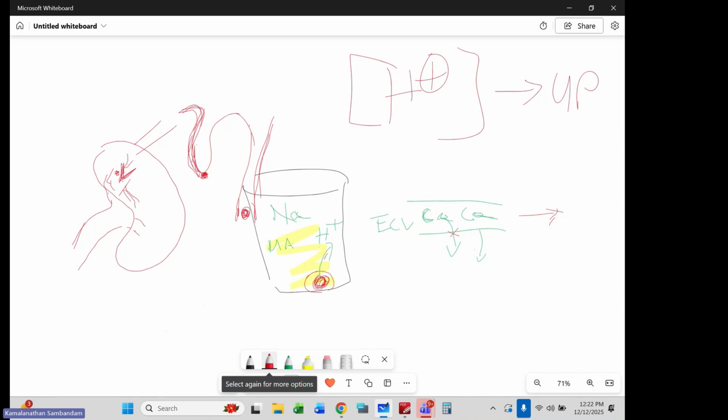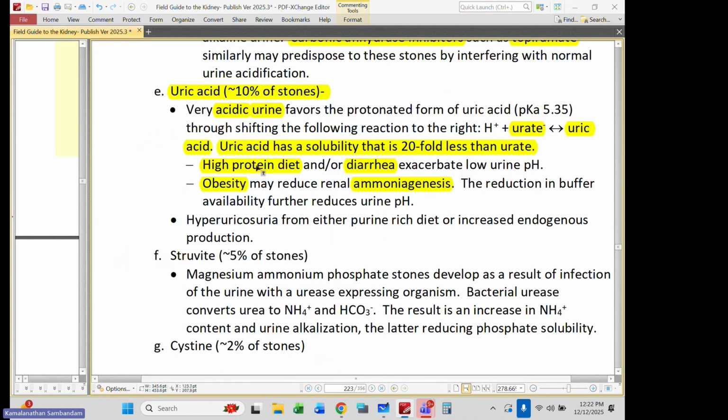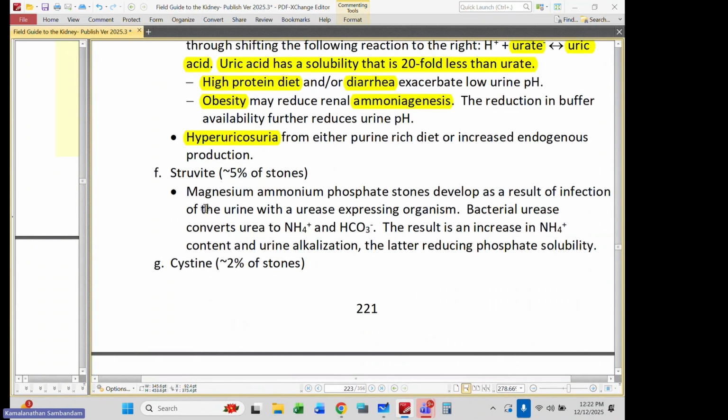So if I have urinary buffers, including plenty of ammonia in the urine, then my free proton concentration is reduced. So I will have less acidic urine if I have sufficient ammoniogenesis. So reduced ammoniogenesis would predispose to aciduria. Okay. Again, hyperuricosuria is not the major factor. It is a factor, but it is not the major factor at play for uric acid stones.